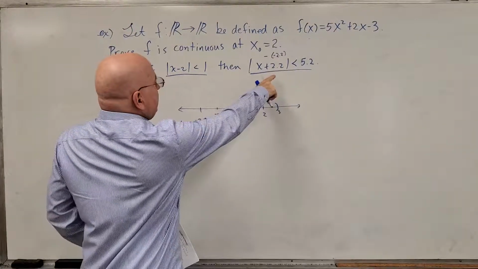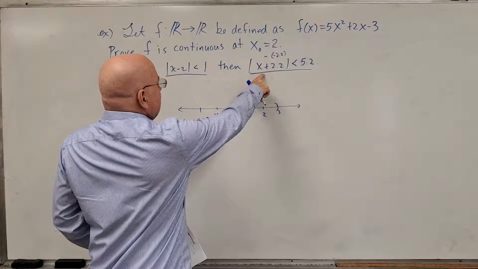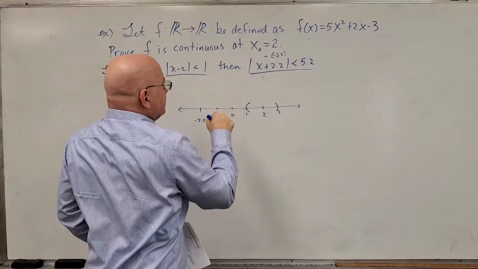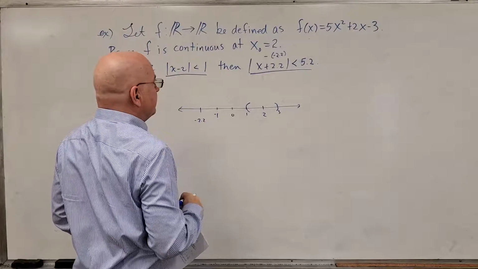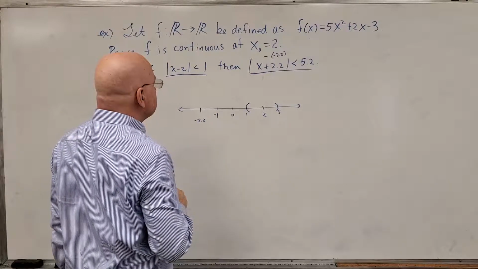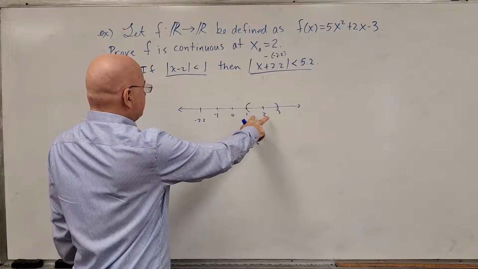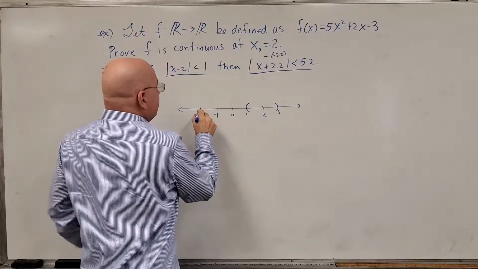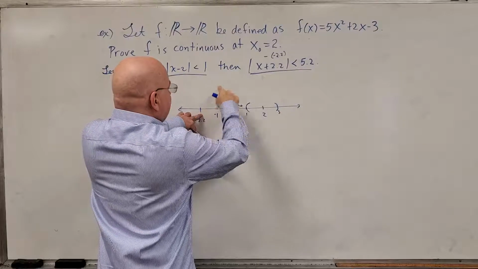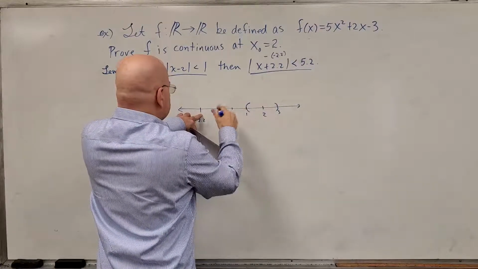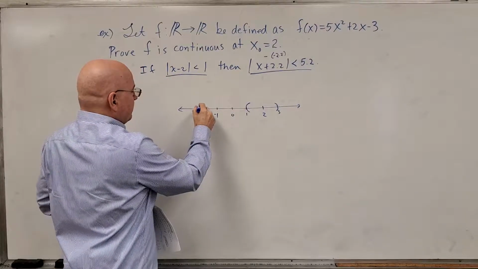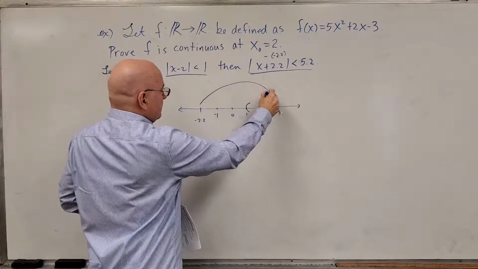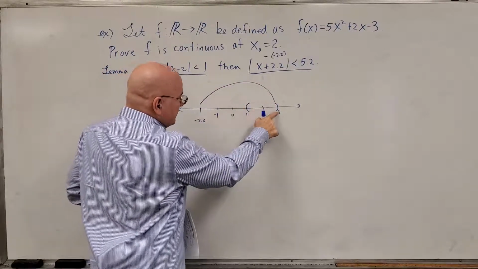Well, if I want the distance between x and negative 2.2 to be less than 5.2, centered here, if I go out a distance of 5.2, where does that put me? If I add 5.2 to here, it takes me out to 3.